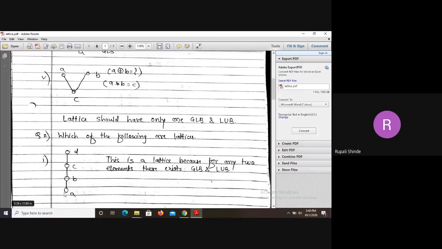Likewise, if you consider the pair of elements A, D, then A is the greatest lower bound and D is the least upper bound. So here we can say that for every pair of elements, there is only one greatest lower bound and least upper bound. That's why this given diagram is a lattice.